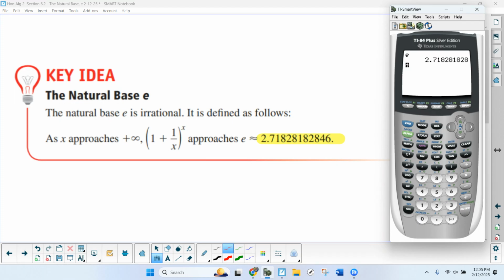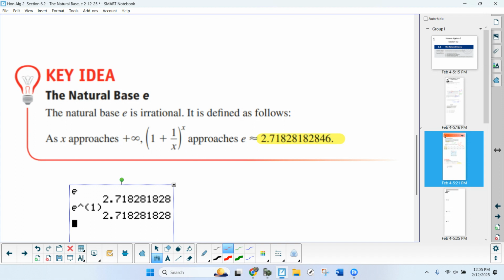The only difference is that E prompts me to say, what power do you want me to raise E to? Well, if I want just E, E is to what power? The first. So E to the first is that. So in either case, I get the same answer. I can use just regular E, or I can use E to the first.